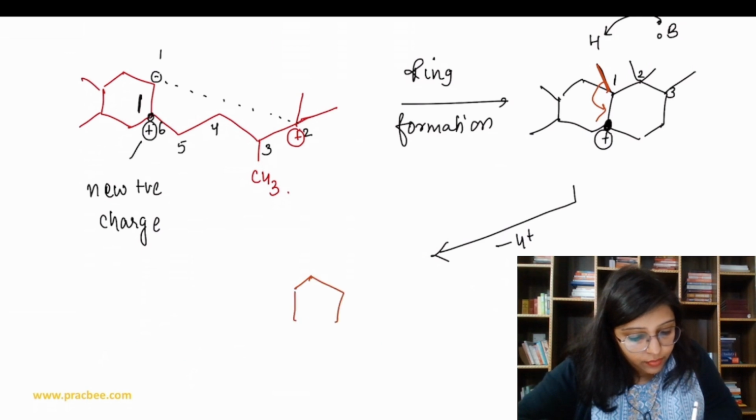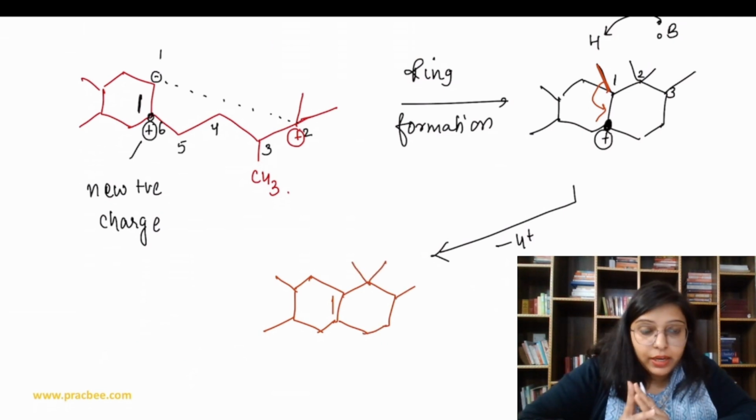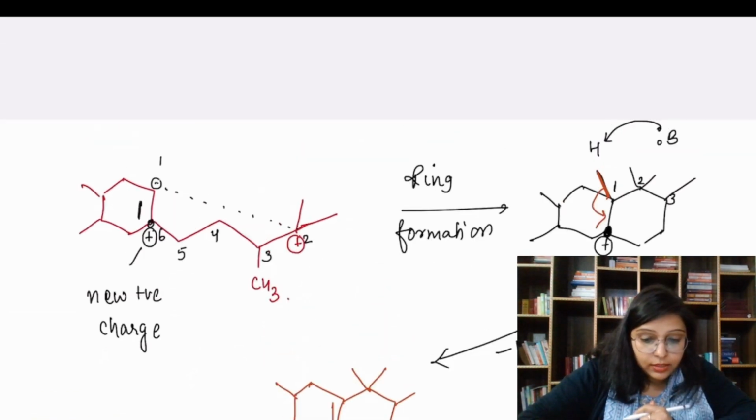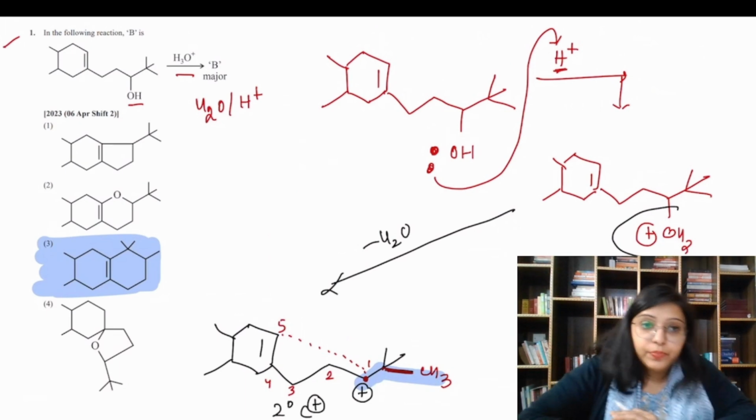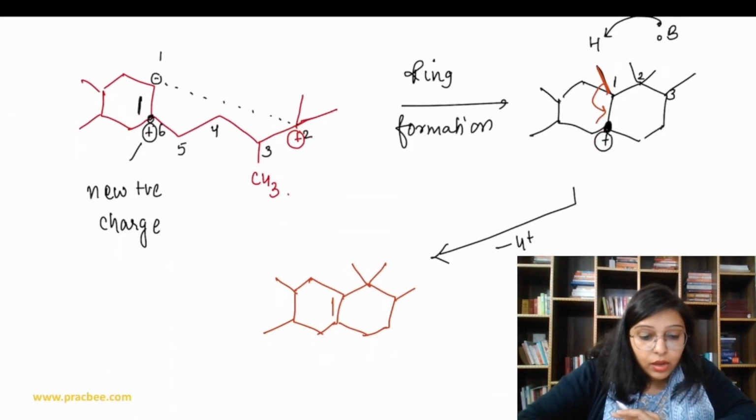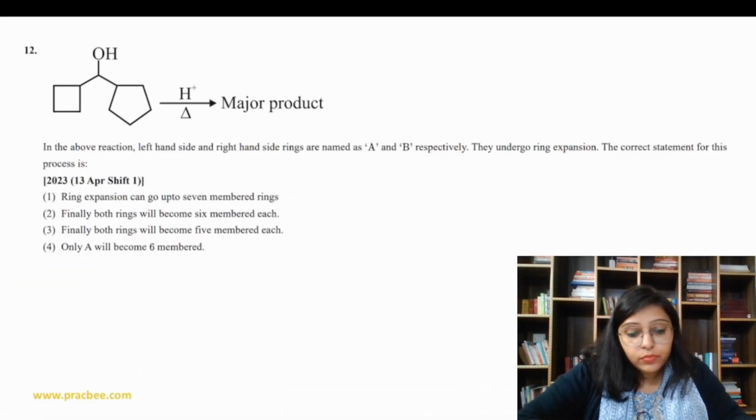So we have this. ठीक है, minus H plus होना ही होना है, it is going to happen if we have carbocation. So carbocation should be stabilized. ठीक है, so in dehydration we are going to form alkene. Now let's match the answer. So when we match the answer, so option number 3 is going to be the correct answer. Clear? Okay, now moving on to the next question.